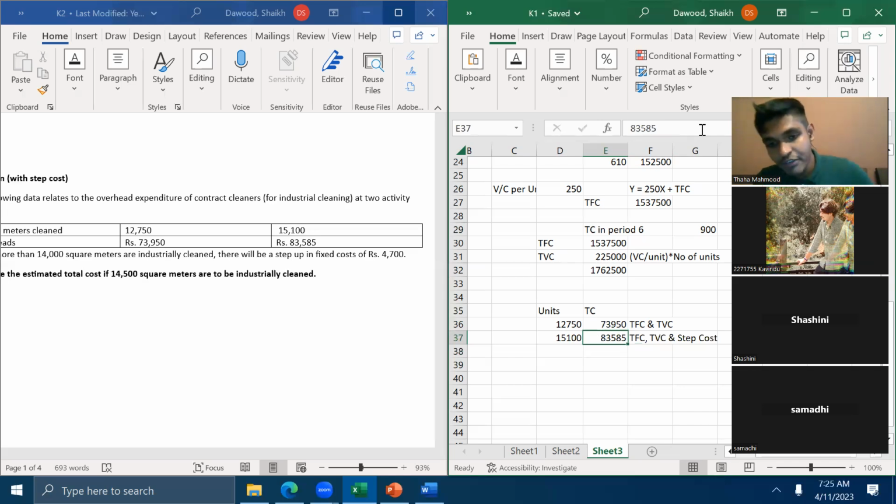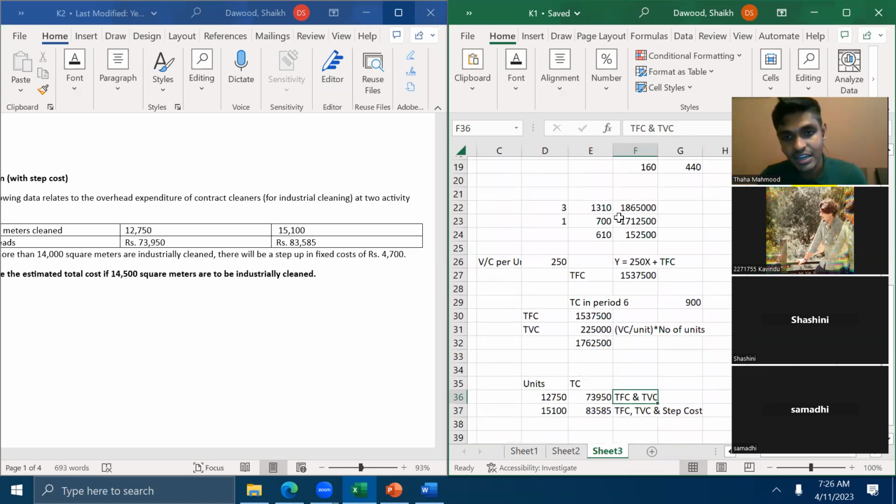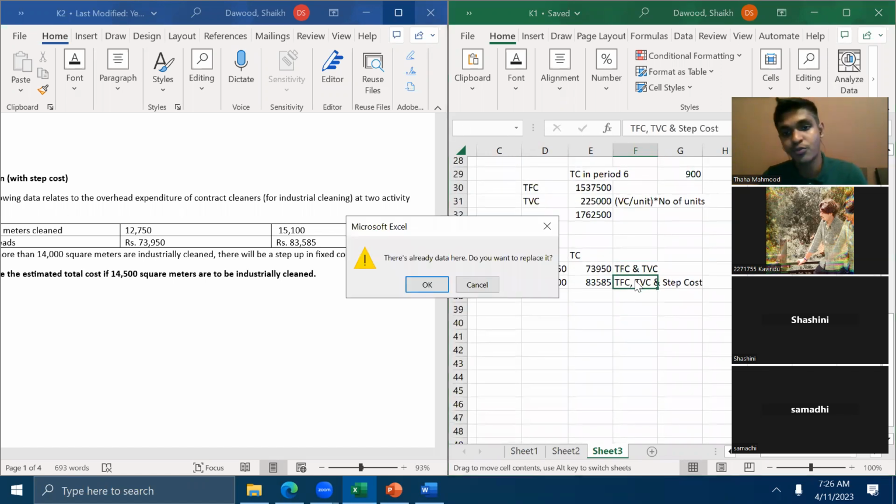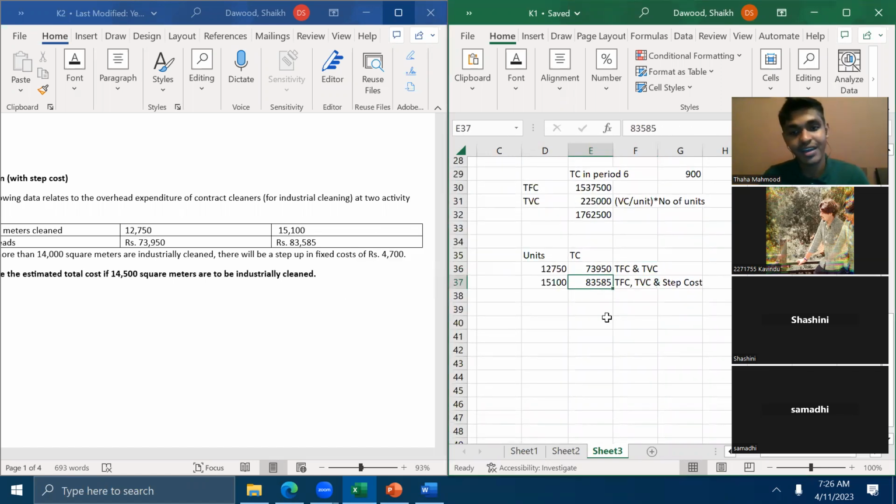After we remove that, we would end up with just total fixed cost and total variable cost portion, something similar to what we did here.